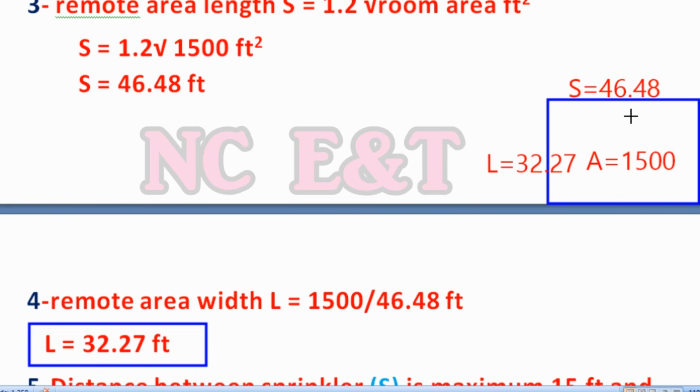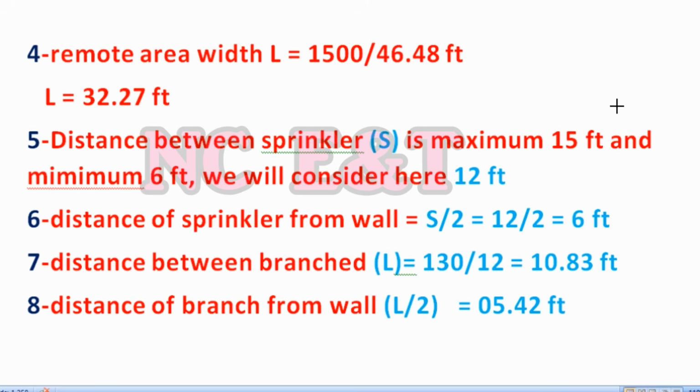So we got both dimensions of the remote area, length 46.48 and width 32.27. As we know, the distance between sprinklers on the same branch, or between two branches also, can be a maximum of 15 feet and a minimum of 6 feet.